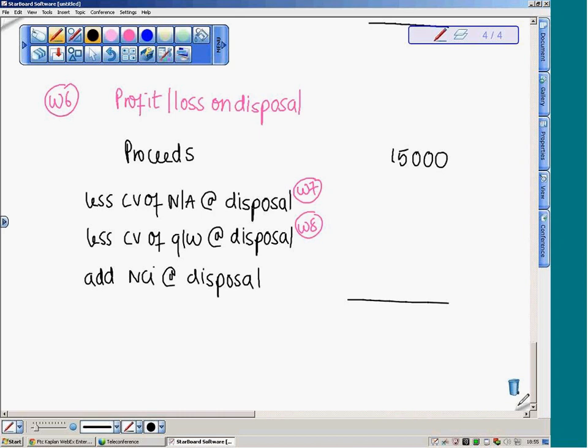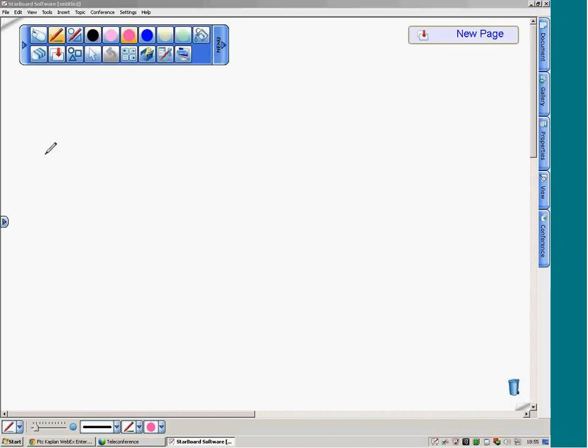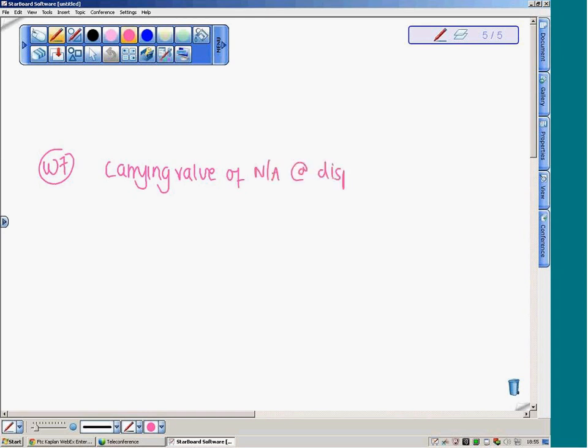Okay, so just change that, 7, which will be the carrying value of net assets at disposal. Okay, now net assets is the same as equity, and you remember that from accounting. So this will be share capital balance.